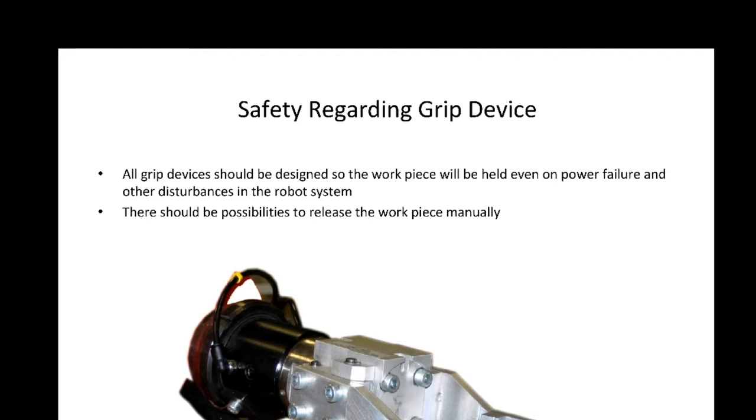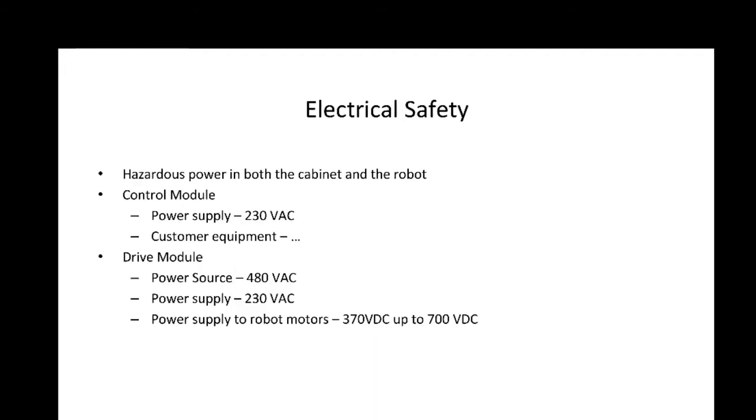Next, electrical safety. Electrical safety: the controller has a single phase power supply, and the drives all have three phase power supply. Safety regarding releasing brakes. Every robot has a braking system. Every 6-axis robot has 6 gears and 6 servo motors.